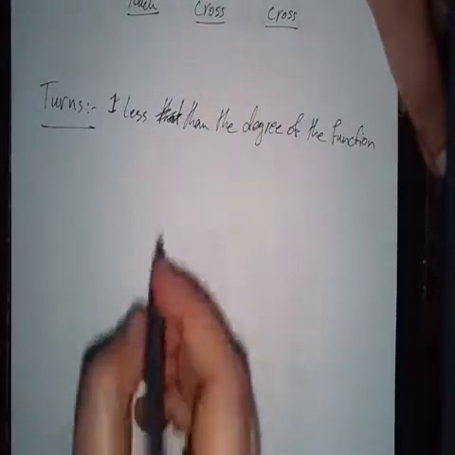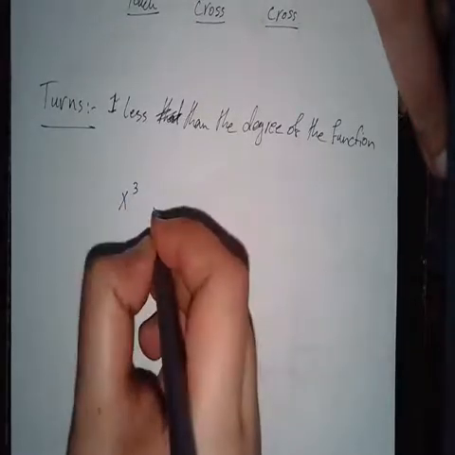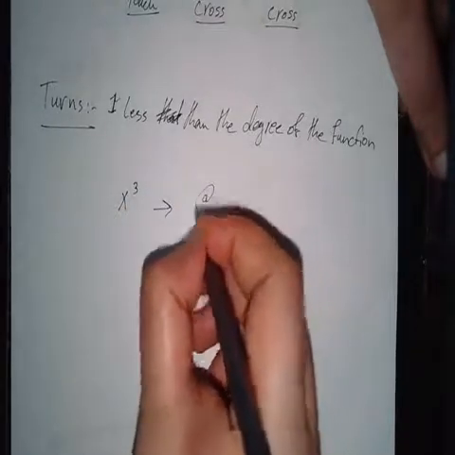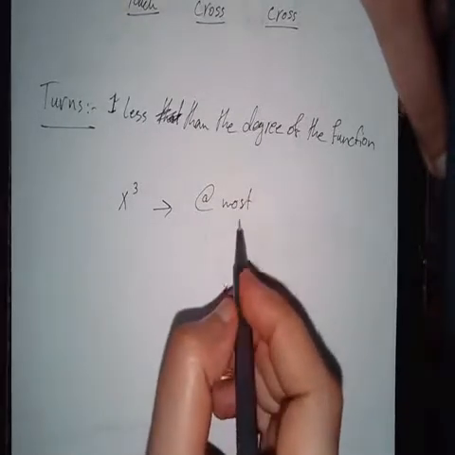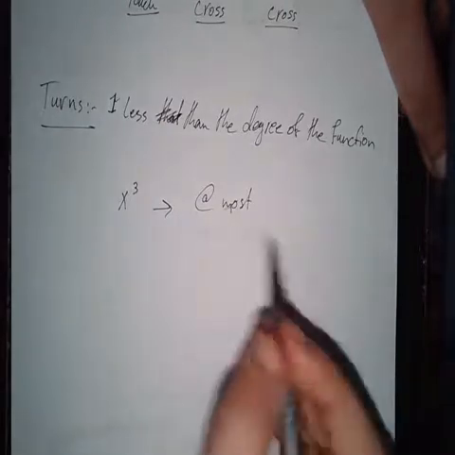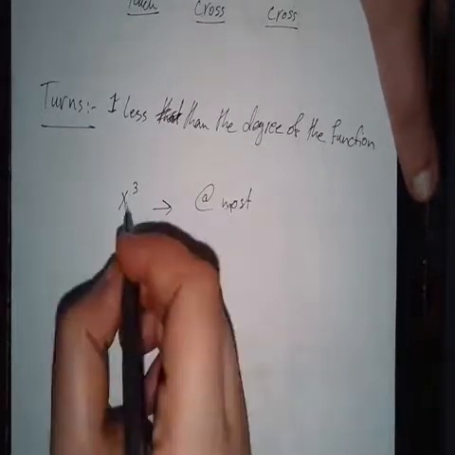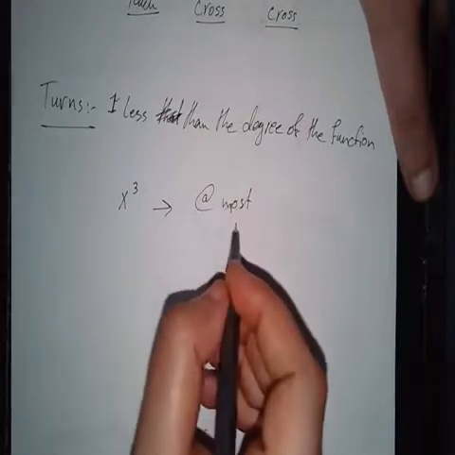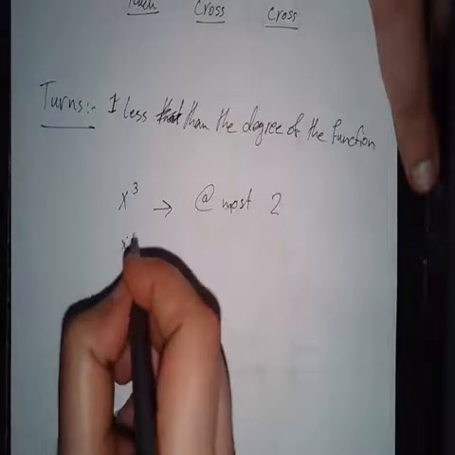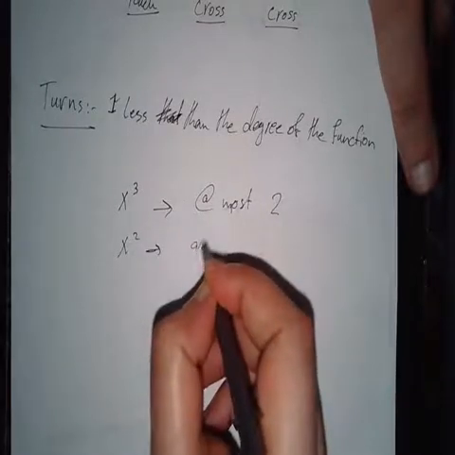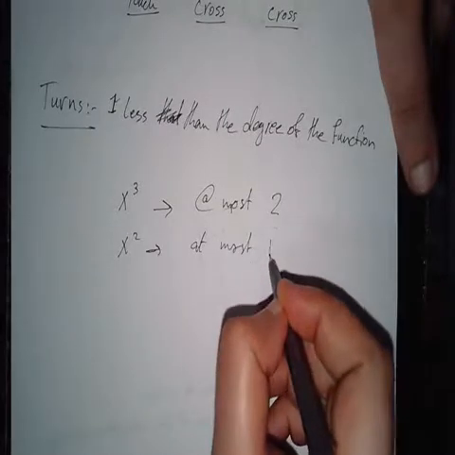By this I mean, if you have a function of the 3rd degree, the graph is going to have at most, please note this, because it's possible to have one less due to the power and how the multiplicity works, at most 2 turns. If it's the 2nd degree, you're going to have at most 1.